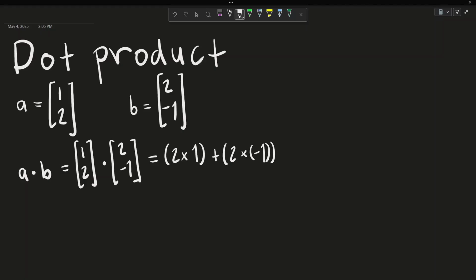The order in which you multiply them doesn't really matter, because multiplication is commutative. We'd find that this is equal to 2 plus -2, which is just 0.